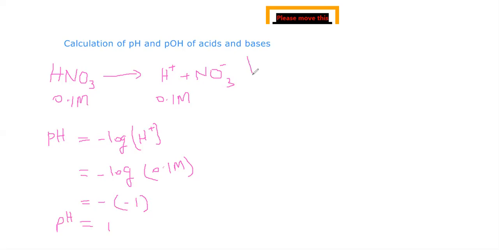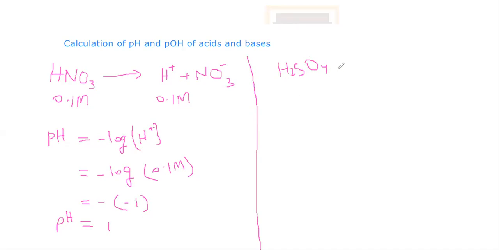In a similar way, let's suppose you have another example, H2SO4. H2SO4 is called sulfuric acid.